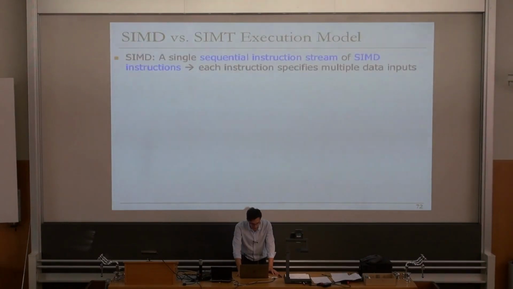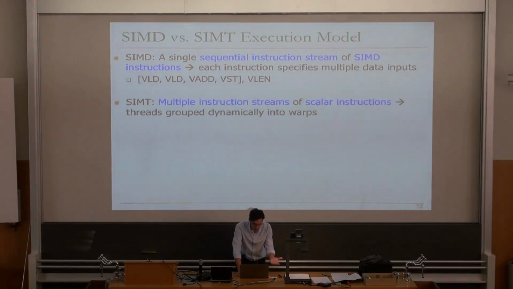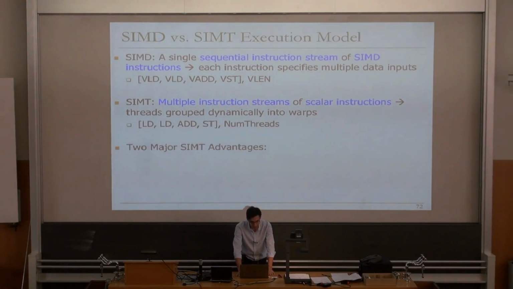Okay, let's continue. Here we have the comparison of SIMD and SIMT, that is another way of calling the SPMD programming model. And there are two major advantages of doing it this way.